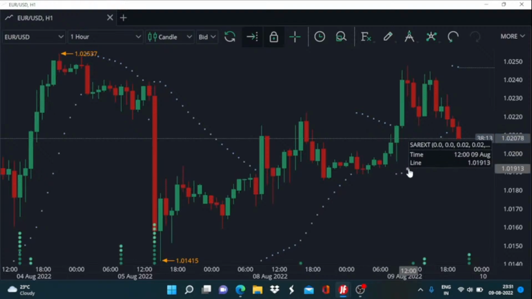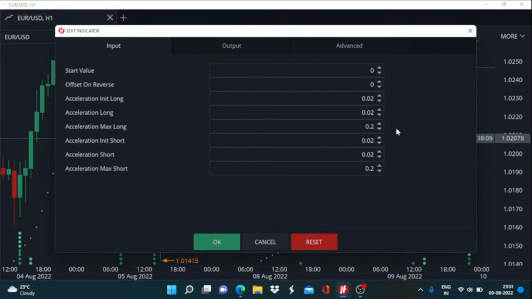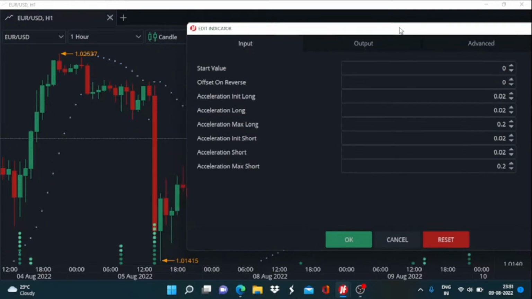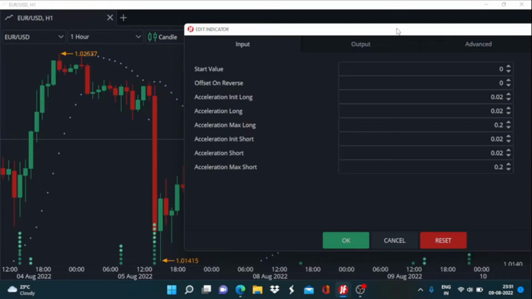So for this session, we now consider the possible uses and possible customization options which we can tinker with to arrive at a formation which we can then utilize to make informed choices whether to go long or take a short sell trade. Here we have the start sell value at 0, offset on reverse also at 0.